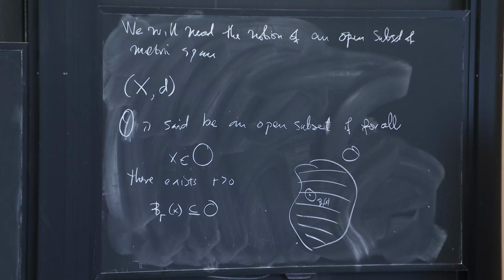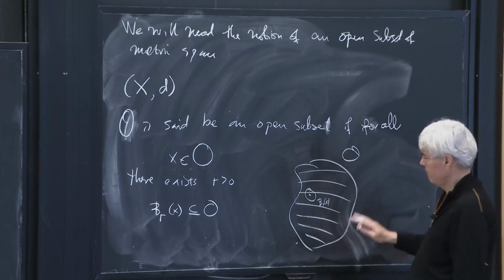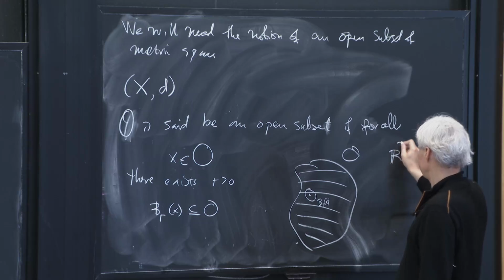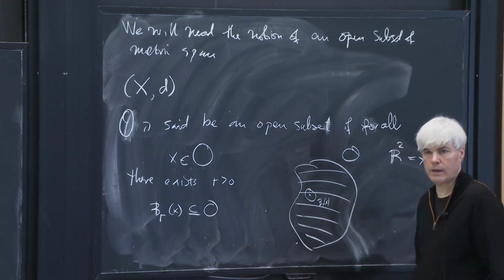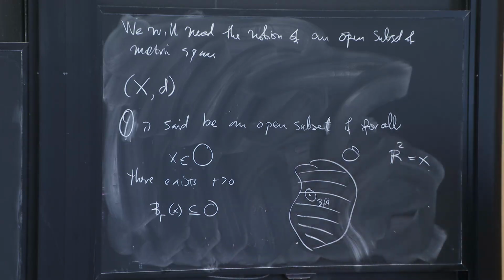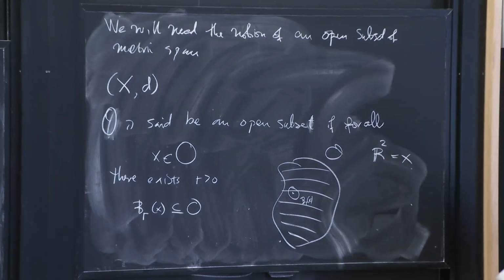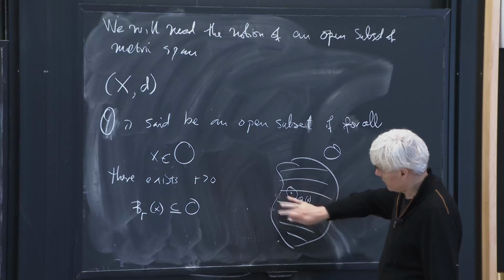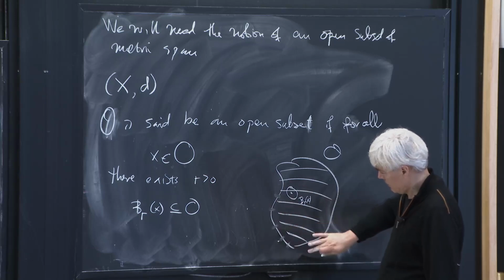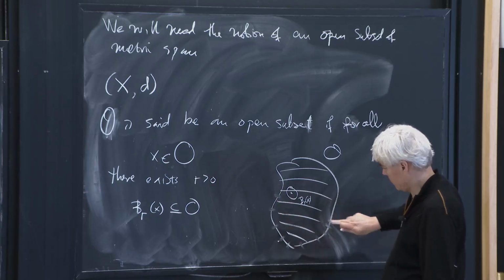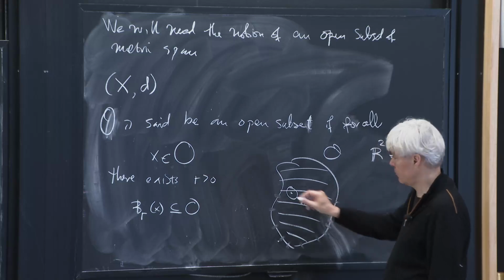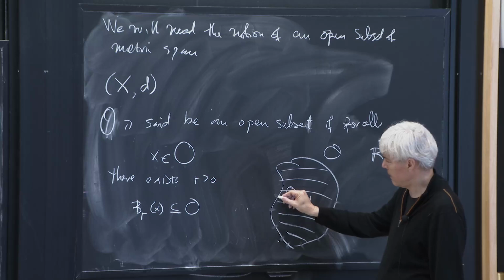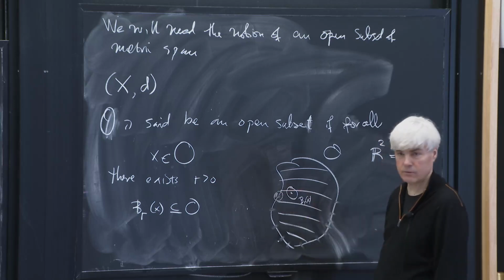Right? So in this picture, I'm thinking about X being R2, and I'm thinking about the distance being the usual Euclidean distance. And if this is open, it means that you cannot include the points on this curve. They would not be included in the set, because if you take any point on this boundary, so to speak, then part of a ball around it would be outside the set.